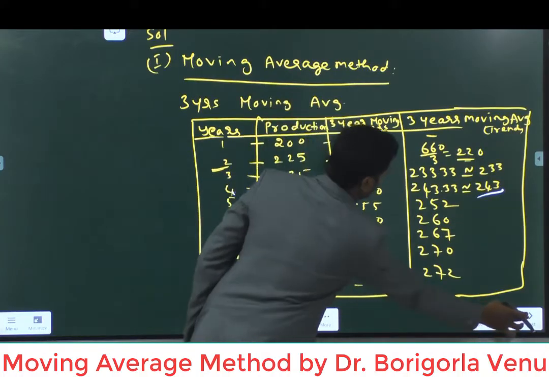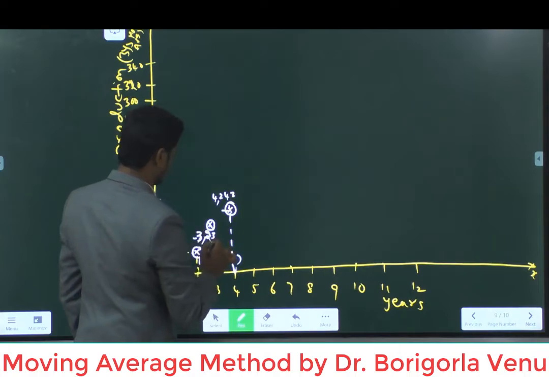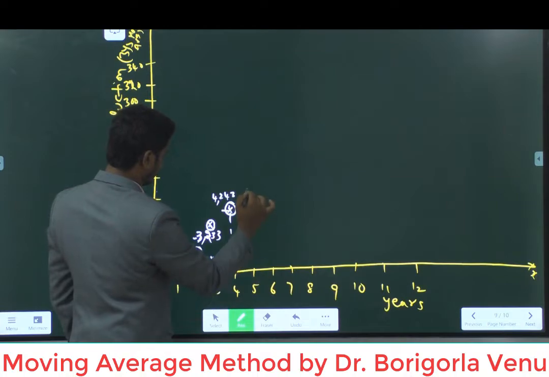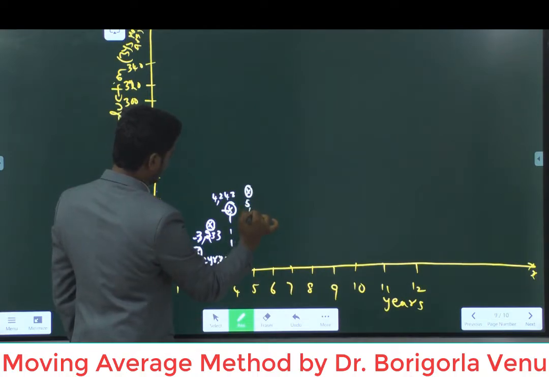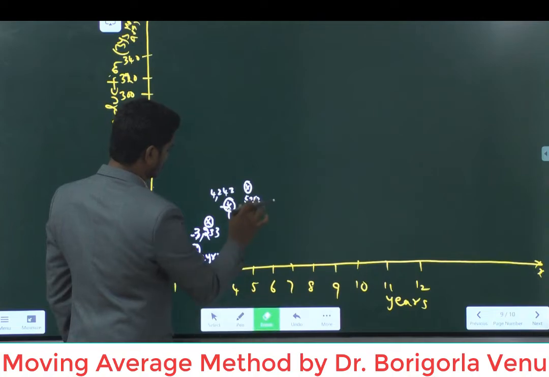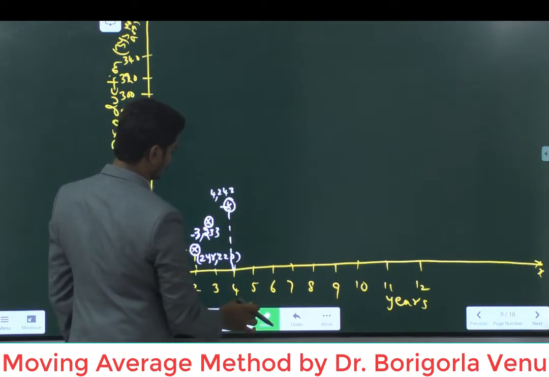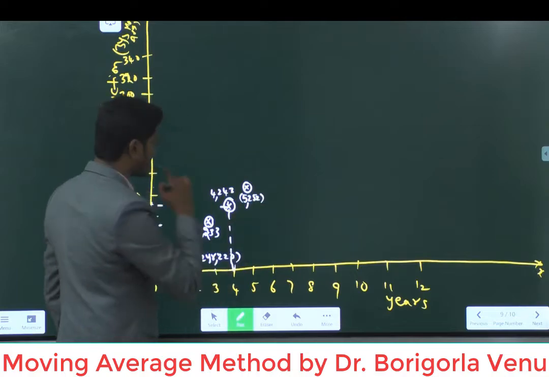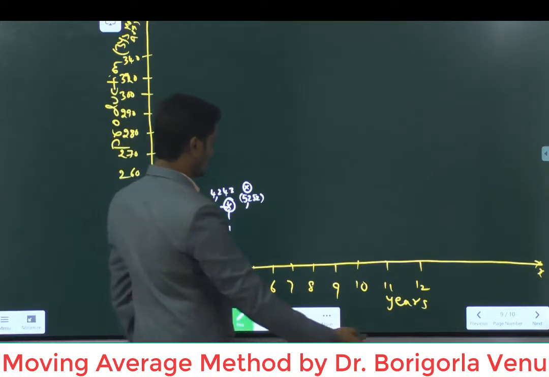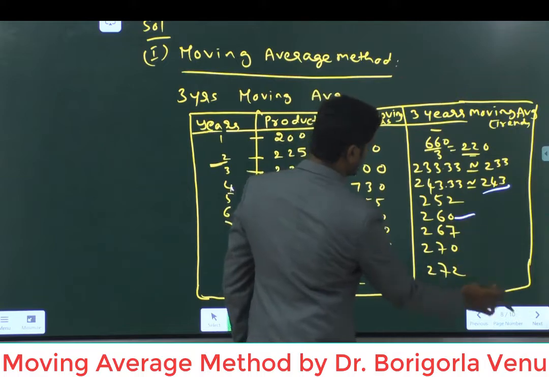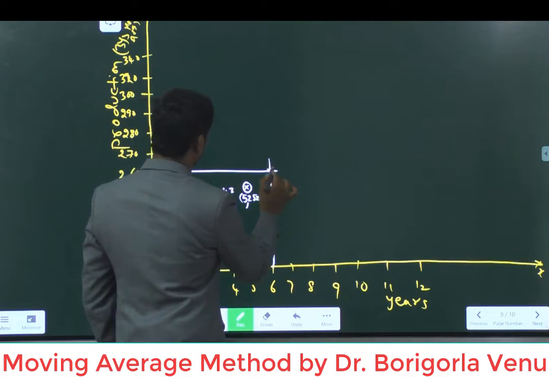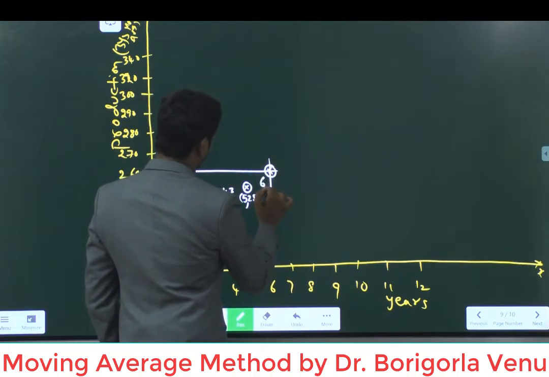And for the fifth year, we are going to take 252. Similarly, we are going to take the sixth year, that is, the sixth year means 260. So 6, 260.